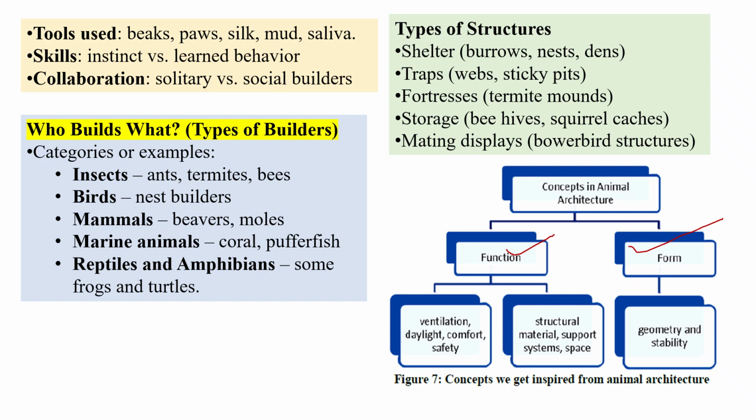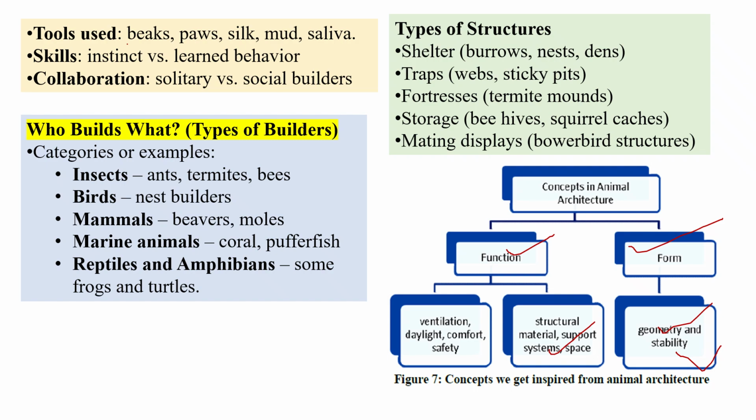Geometry and stability are also important. The space is also important. And another parameter which is not mentioned over here: the location of a water body should be in the nearby area, or the sources of food should be nearby. So function and form, these are the two things which they usually consider while constructing their nest.